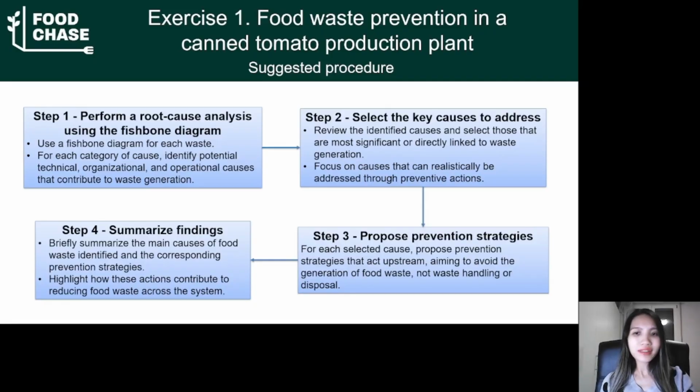For each selected cause, you have to propose prevention strategies that are upstream, aiming to avoid the generation of food waste. Attention, at this step, we have to find a way to avoid the waste and not to minimize or handle the waste after it's been created.